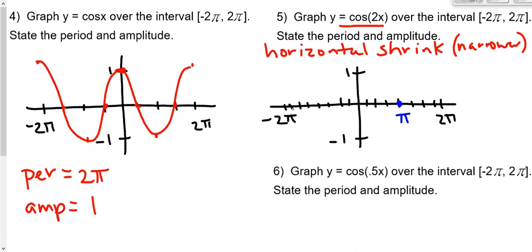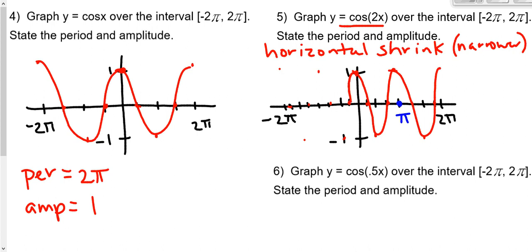Okay, so cosine starts at the top, middle, bottom, middle, top. There's one complete cycle. We're going to do it again. Top, middle, bottom, middle, top. There's another one. We're going to do it again. Top, middle, bottom, middle, top, middle, bottom, middle, top.